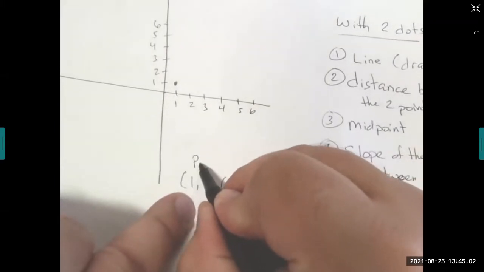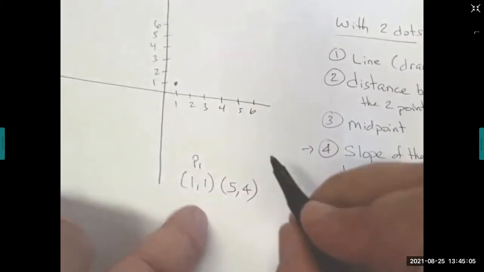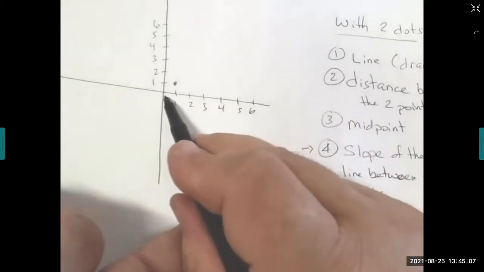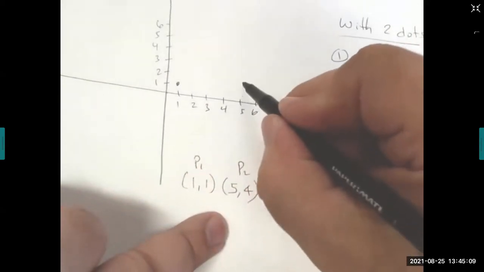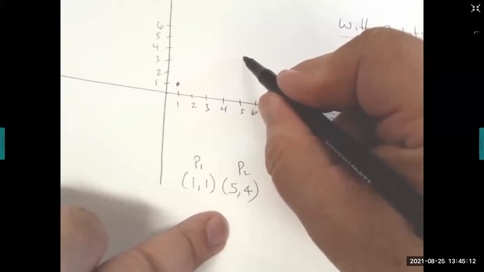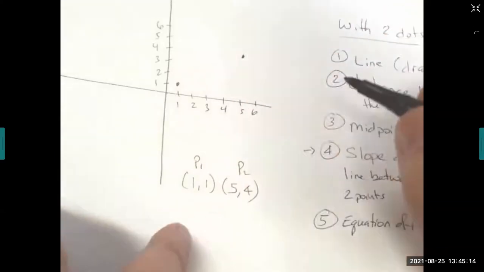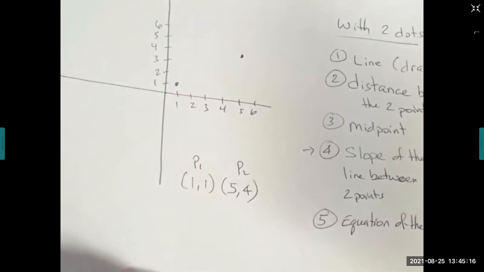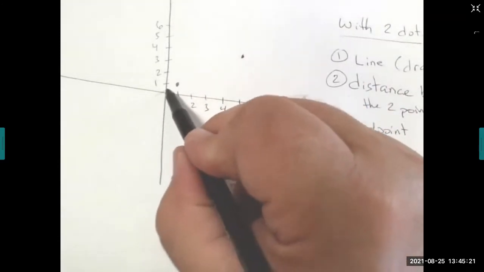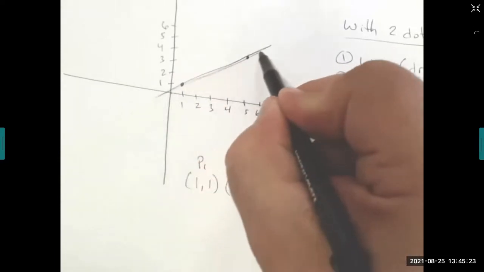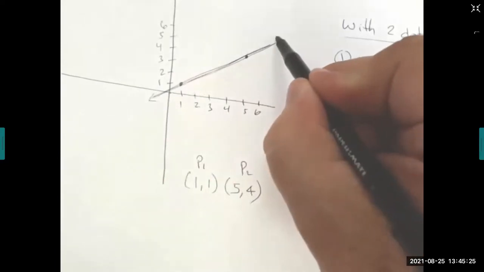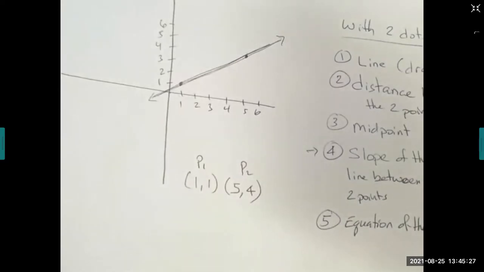That's point number 1. My point 2 is I go over 5 units and then up 4. That's point 2. We can connect those 2 dots with a line. So let's figure out the slope.